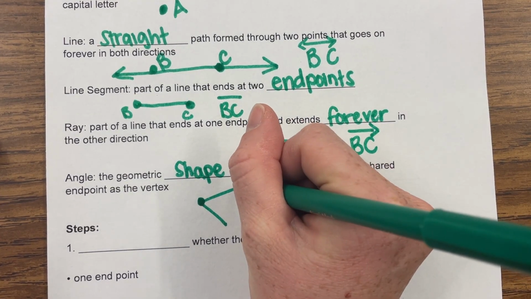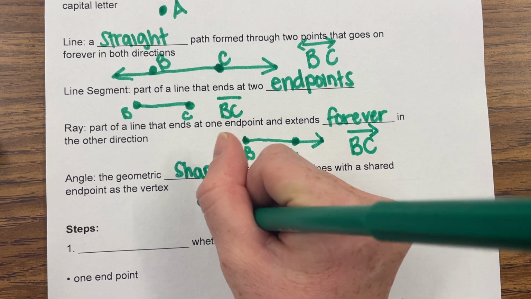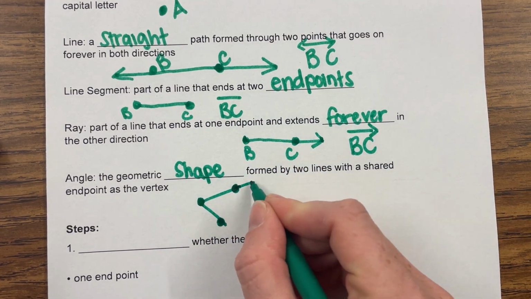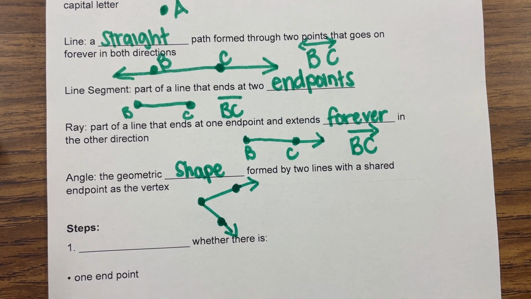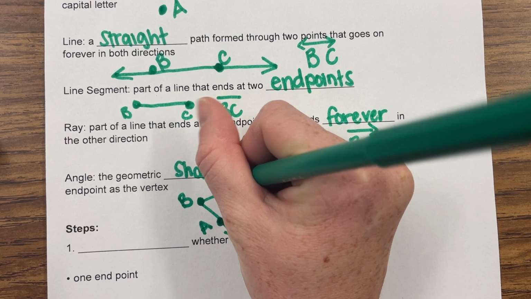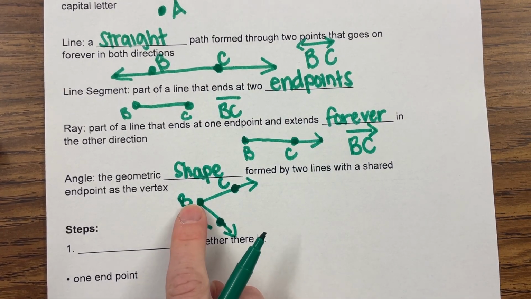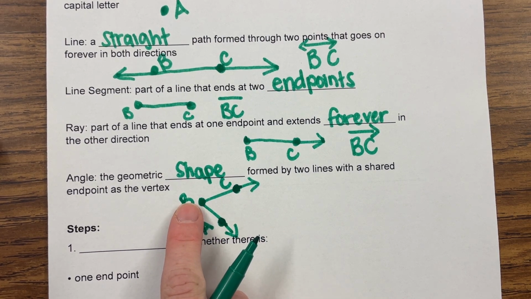Those 2 lines are going to have points on each one, and these lines are going to extend forever. So my vertex is going to be B, this one's going to be A, and this one's going to be C. Again, that point right there, B, where the 2 lines meet up, is called our vertex, or the point.